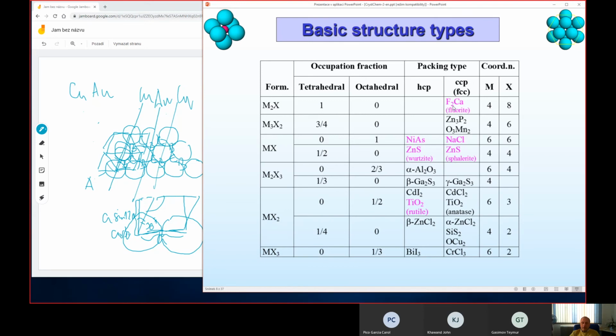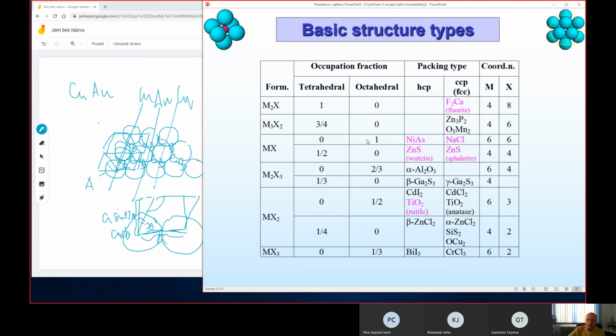So the coordination number for an atom whose stoichiometric coefficient is lower is higher. So calcium is coordinated by 8 fluorine atoms, and fluorine is coordinated by 4 calcium atoms. So the ratio or the fraction between these two is opposite.